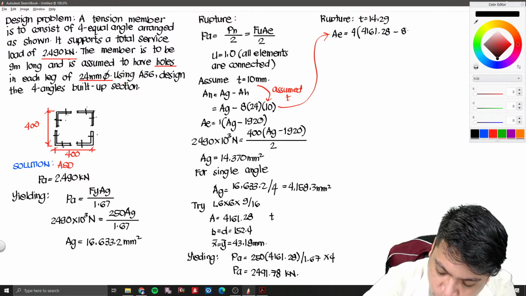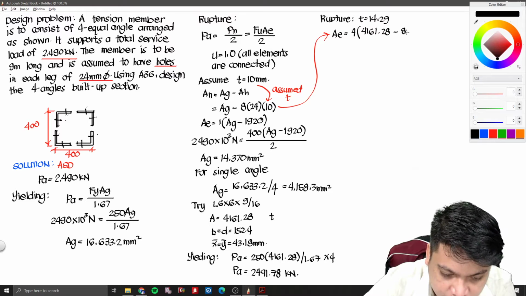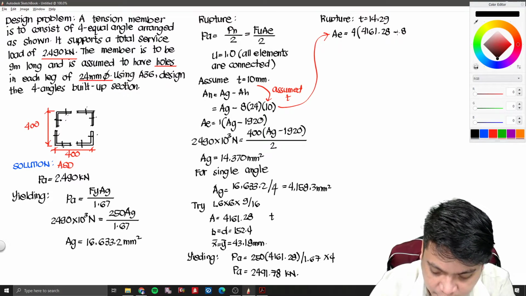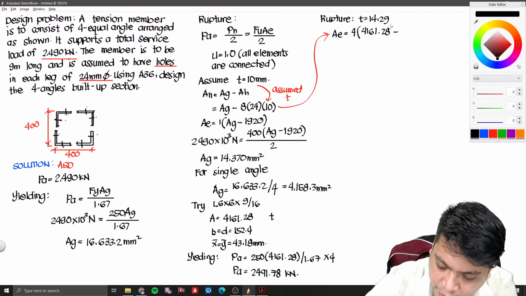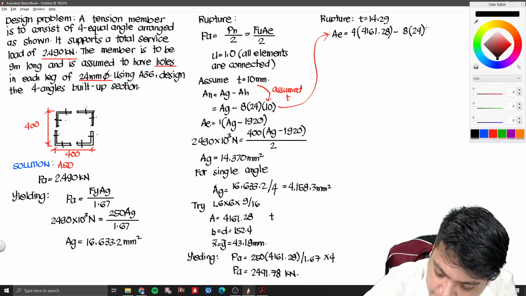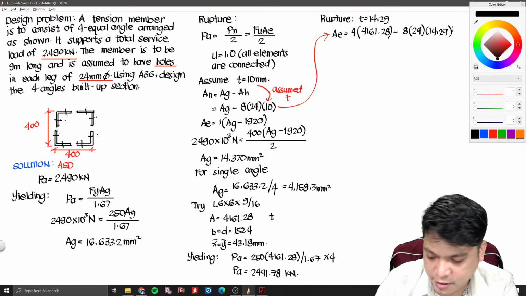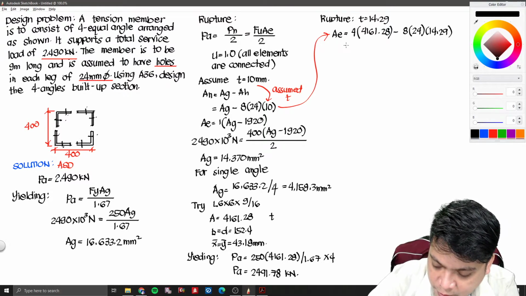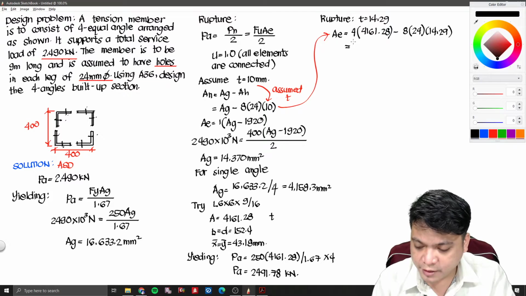So, 8 holes in one angle bar, 8 holes at 24 each. The thickness I will use this time is 14.29. So, we will have here the effective net area.